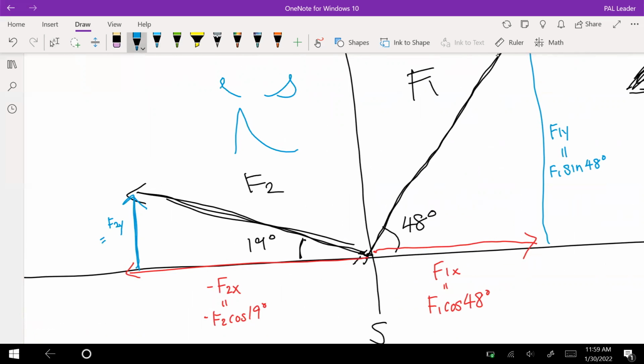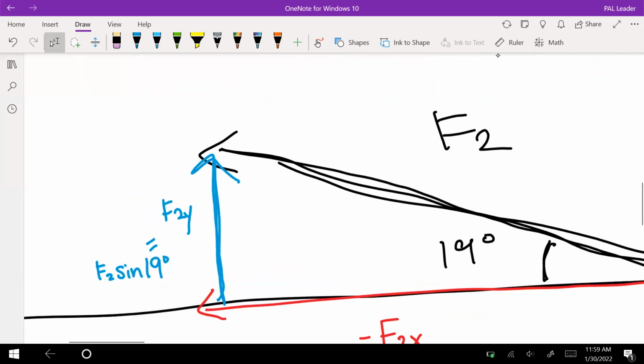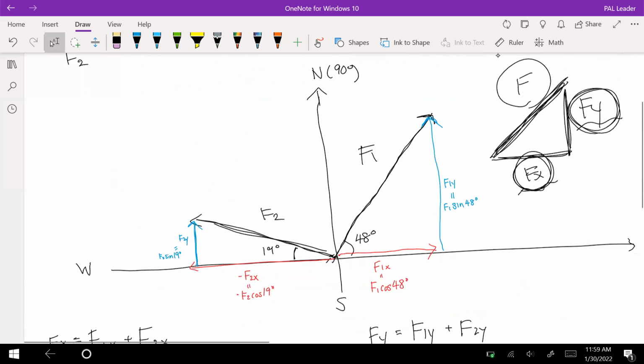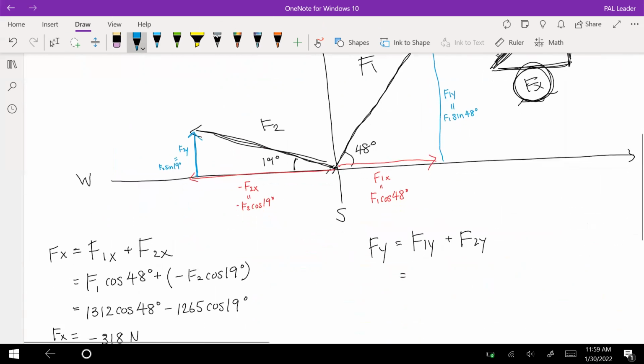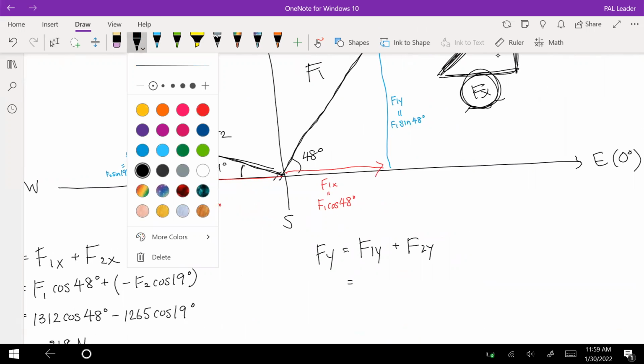Anyway, you guys did this. So we can call that F2 sine 19 degrees, and that is also positive because vertically it is going up. So let's put that into our equation.